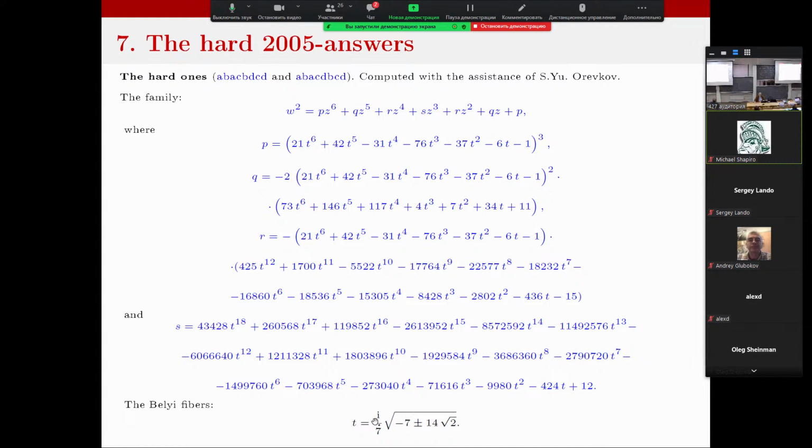By some symmetry, the essential dependence of this pair is on t square.